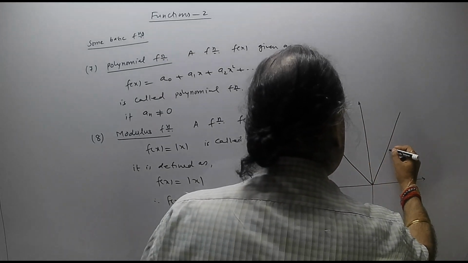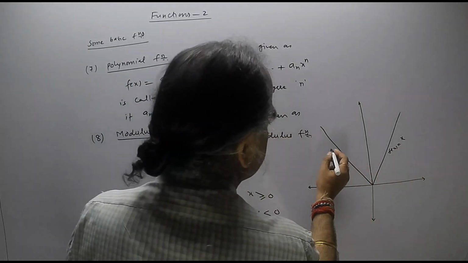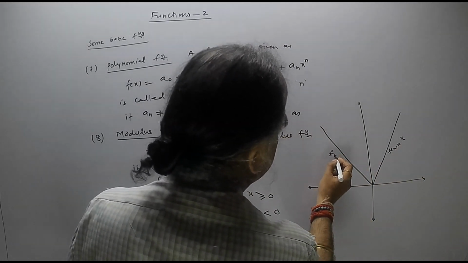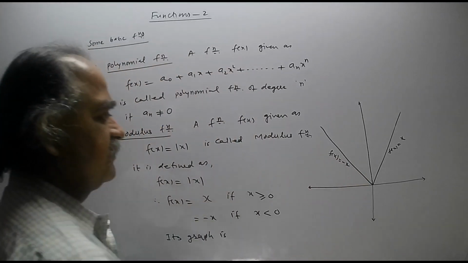This is f(x) is equal to x and this is f(x) is equal to minus x.